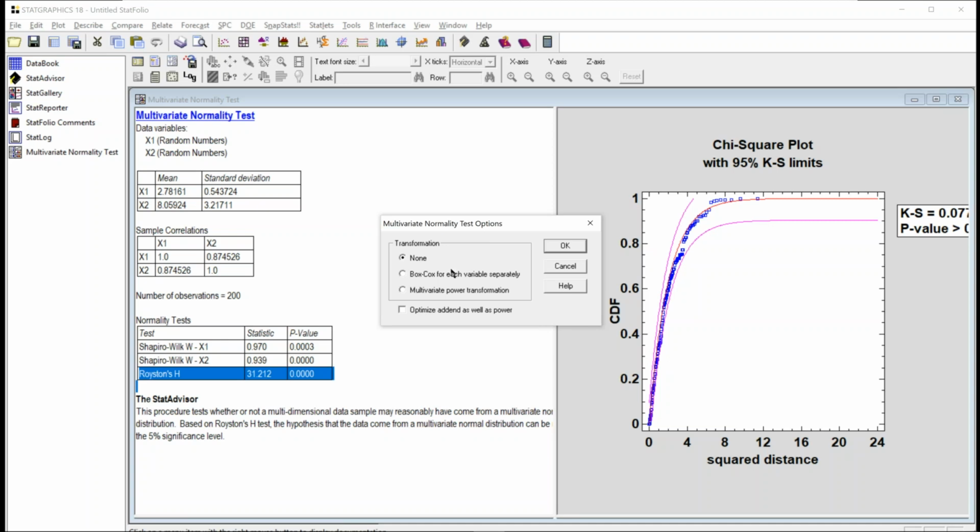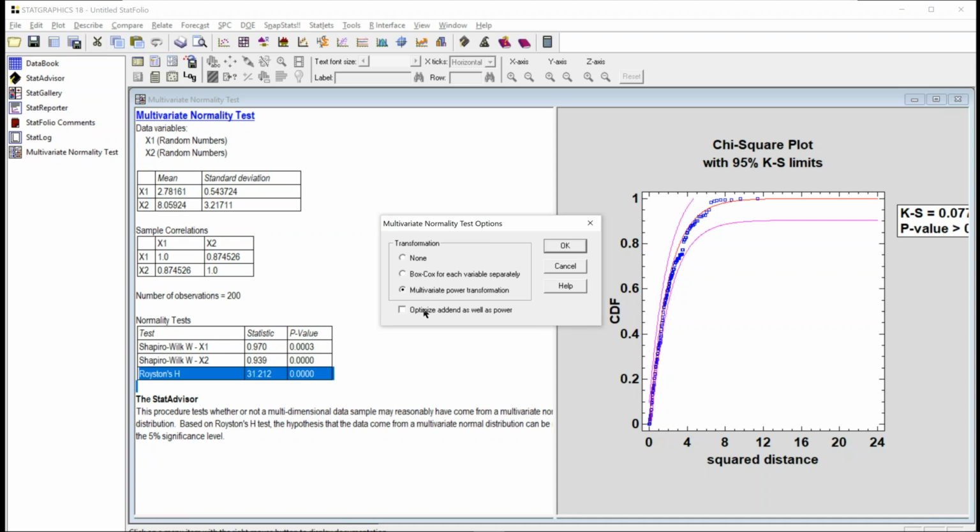I can tell it that I'd like to transform each variable separately using the Box-Cox transformation. Or I would like to determine, using the multivariate power transformation, powers to apply to both X1 and X2 that maximize the joint likelihood profile.